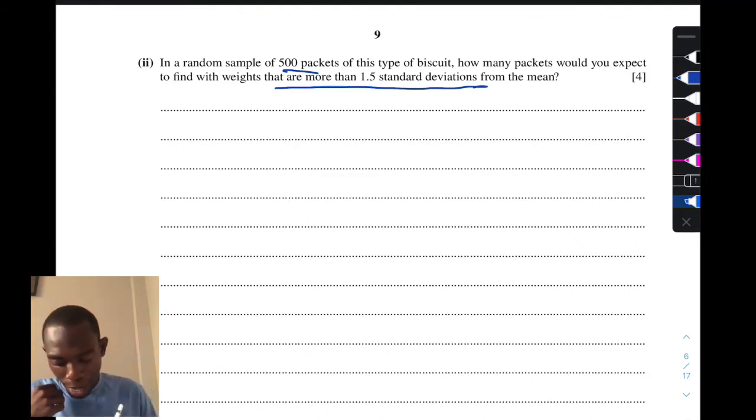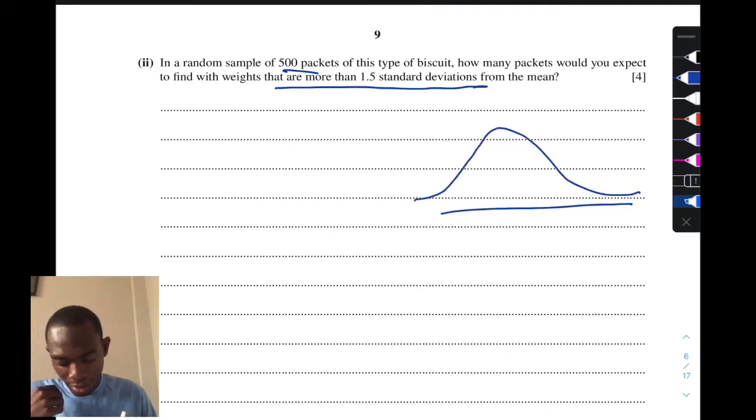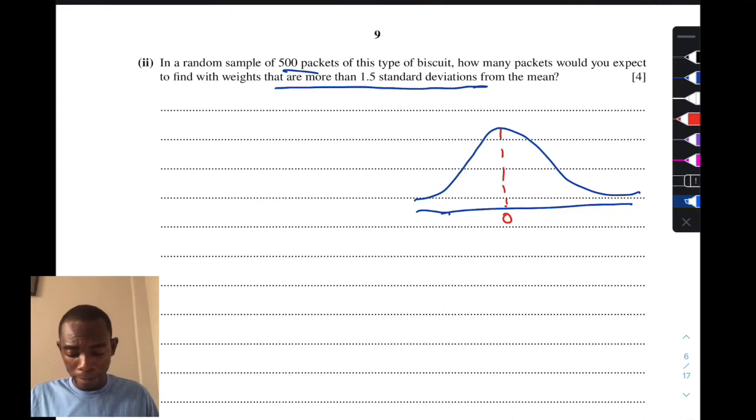If you have your normal distribution like this, this is the mean, that's 0. Now 1.5 deviations from the mean means you go to the left 1.5 and to the right 1.5. Most of you just do one side, and I'm telling you, deviations can mean you are increasing or decreasing.